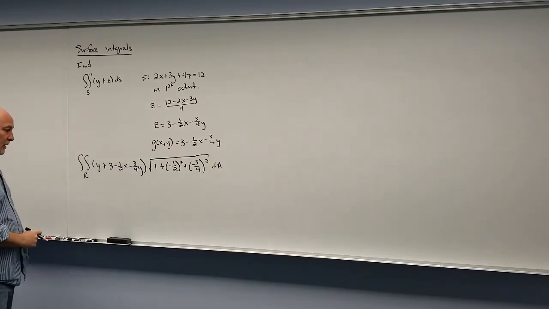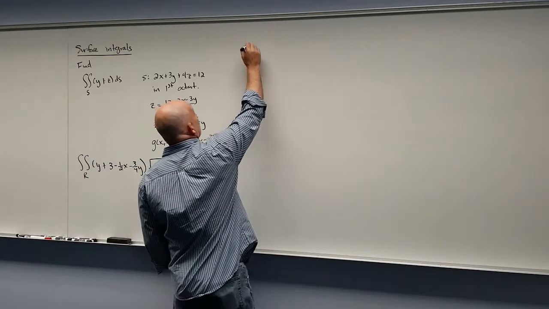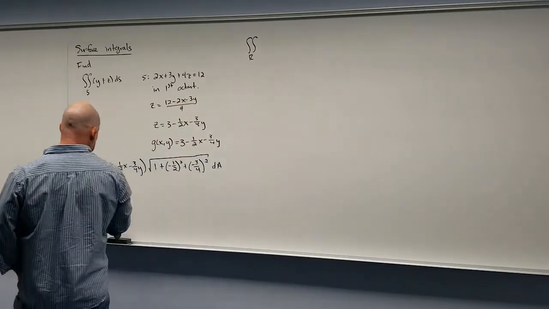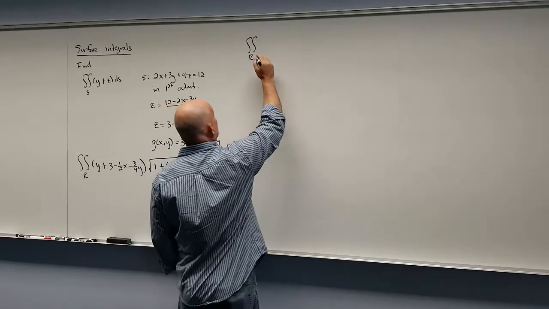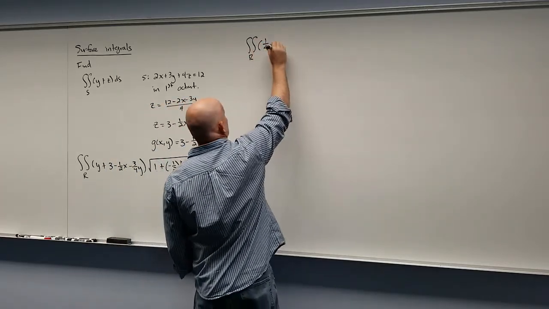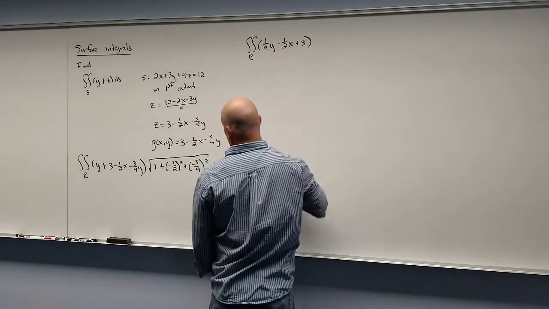But let's clean this up just a little bit. I'm going to bring it up over here. So we're still doing the double integral across our region. Inside our parentheses, what do we have? We have y minus 3/4 y, so that's 1/4 y minus 1/2 x plus 3.